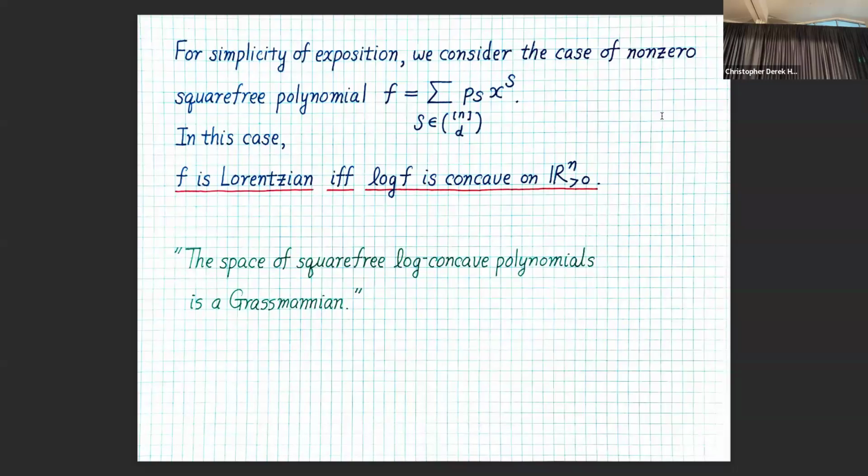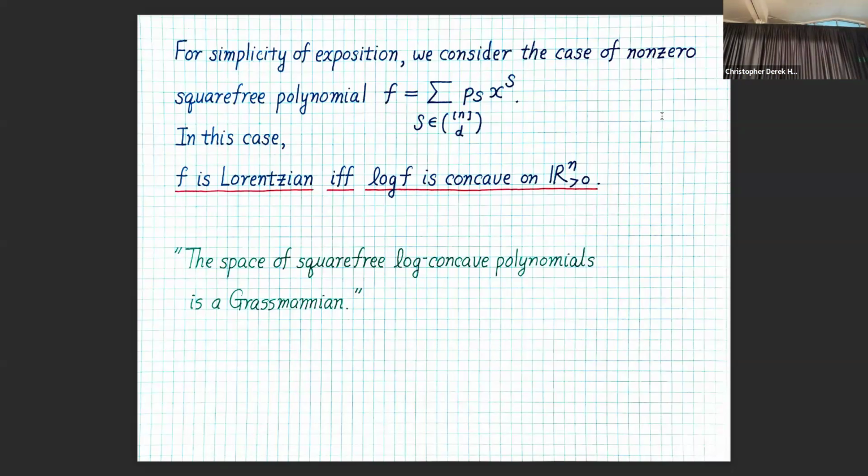So if f is a log concave polynomial, then all the partial derivatives, being limits of it, will be automatically log concave. So we're just talking about square-free log concave polynomials. And that is what it means for f to be Lorentzian.